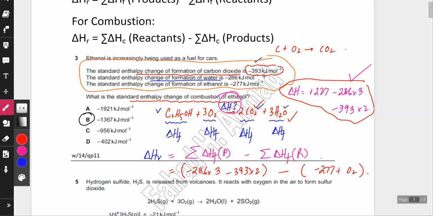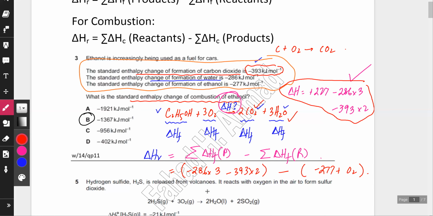Amal, is this clear? So now you can have a look, and you can see that this expression and that expression that you got earlier are exactly the same. So what you have to do is the enthalpy of formation of the products minus the enthalpy of formation of the reactants.